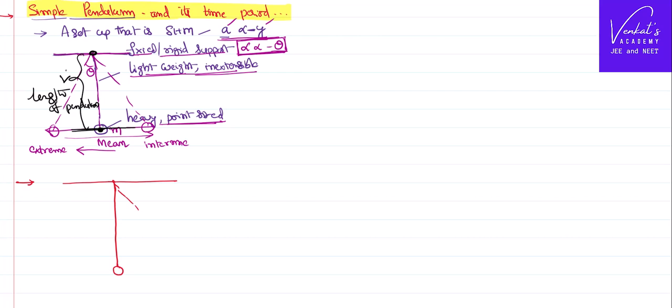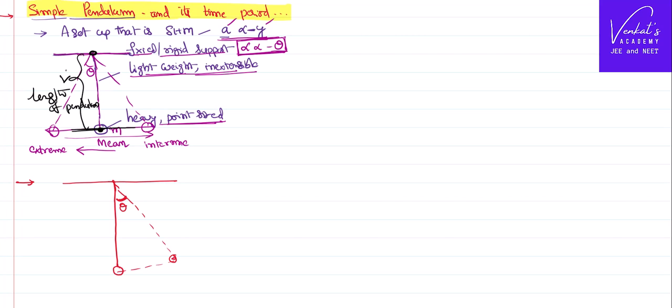When it is slightly disturbed by applying a force, it is simply pulled to a side, with its displacement making an angle theta with the vertical. So it happened this way.